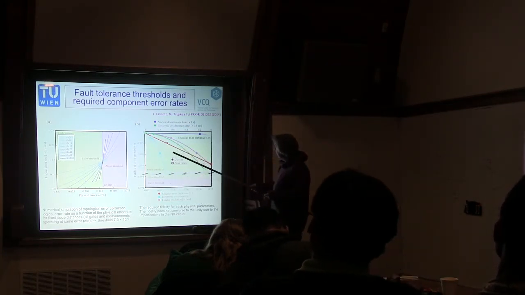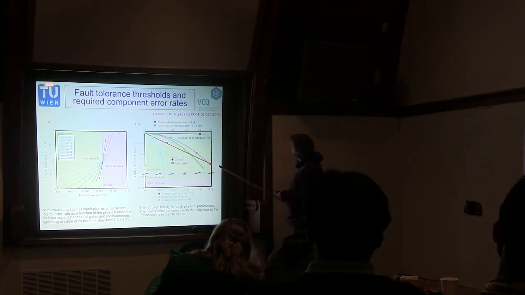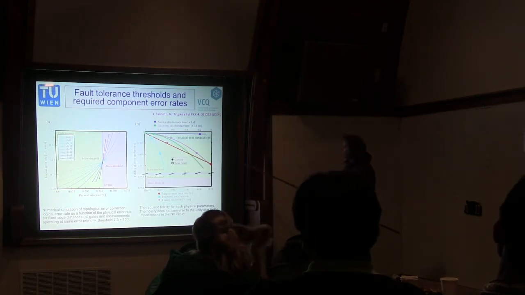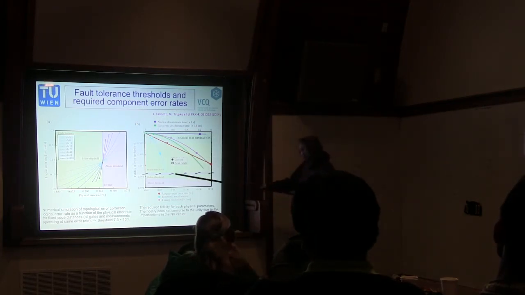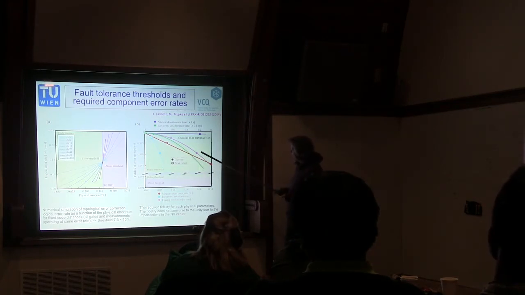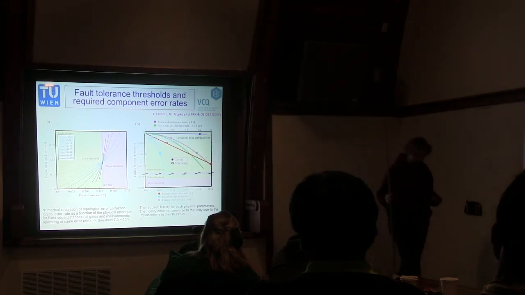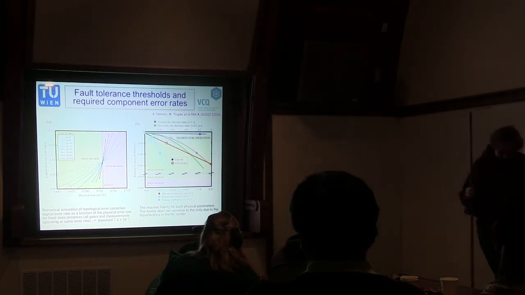We try to take the best published data on the NV centers. This would be the threshold, this is what is known now, and this is what I think one can achieve.